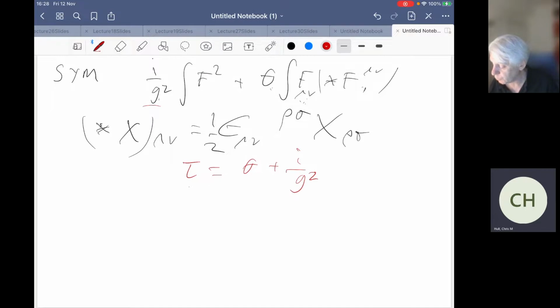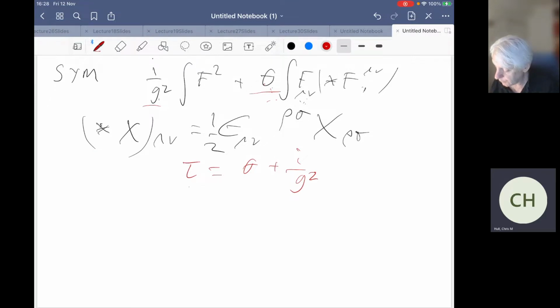If you change this by 2 pi, then this term changes the action by 2 pi times an integer, and as a result e to the i times the action is invariant, and so the quantum theory is invariant. For that reason, this theta is an angle.